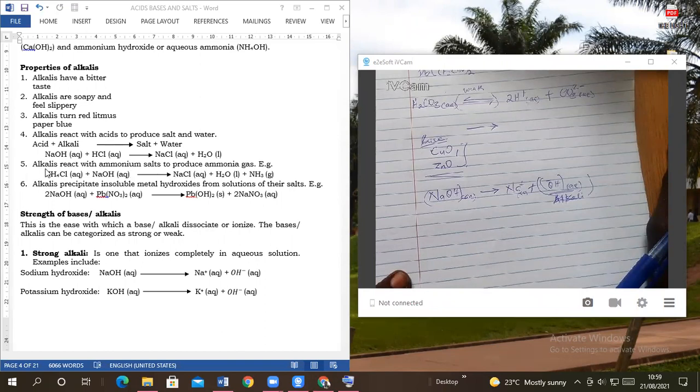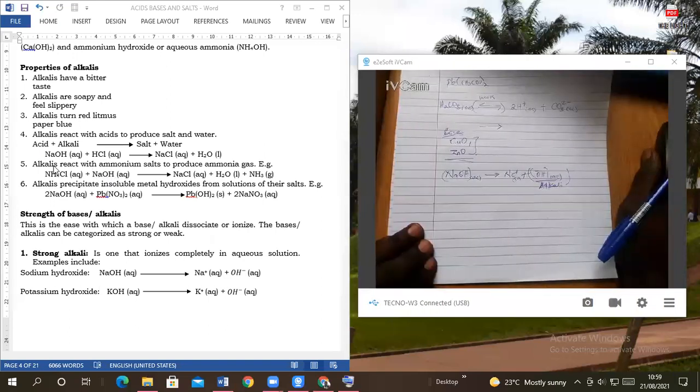Alkalis react with ammonium salts to produce ammonia gas, that is what we have. Ammonium chloride is an example of an ammonium salt. It reacts with an alkali, which is sodium hydroxide. You get sodium chloride, which is a salt, water, and ammonia gas.